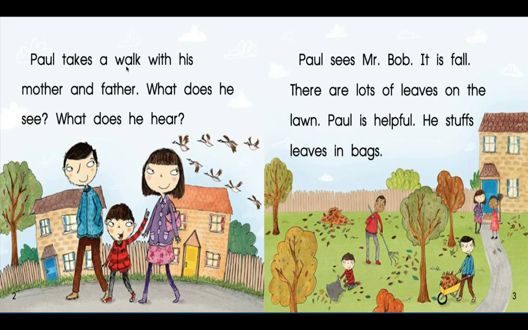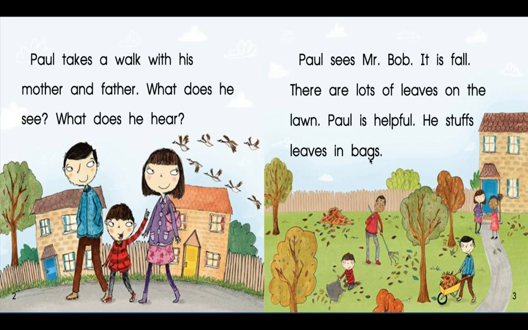Paul takes a walk with his mother and father. What does he see? What does he hear? Paul sees Mr. Bob. It is fall. There are lots of leaves on the lawn. Paul is helpful.